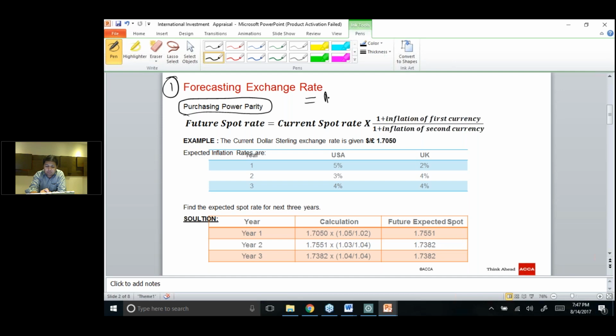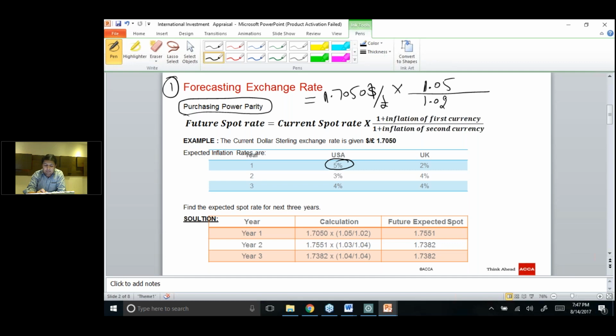Spot rate is 1.7050 dollar over pound. The currency which is in the numerator, its inflation should be put in the numerator. Like in this example, inflation of USA, inflation of dollar is 5%, so I have to multiply it using this. And the currency which is in the denominator, its inflation will also be in the denominator, like 2%. It will be equal to 1 plus 2%, that is 1.02.